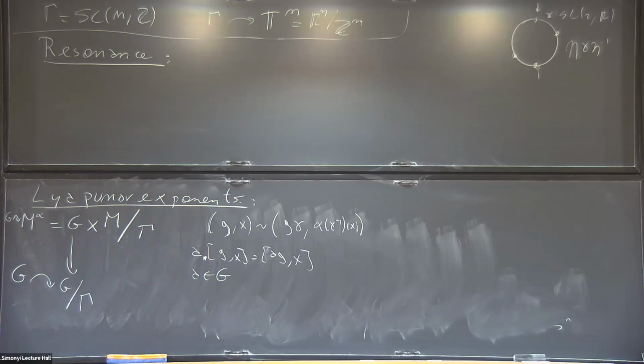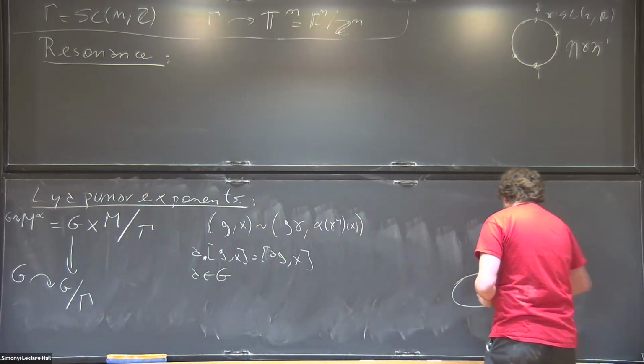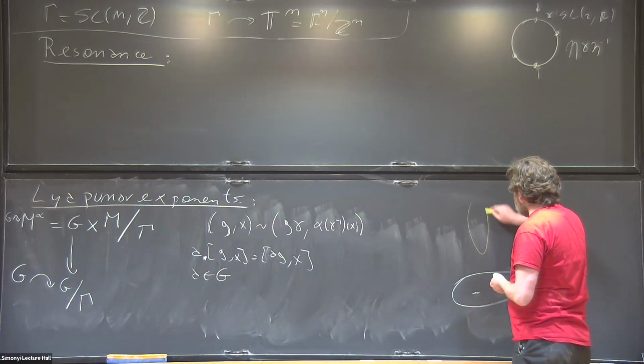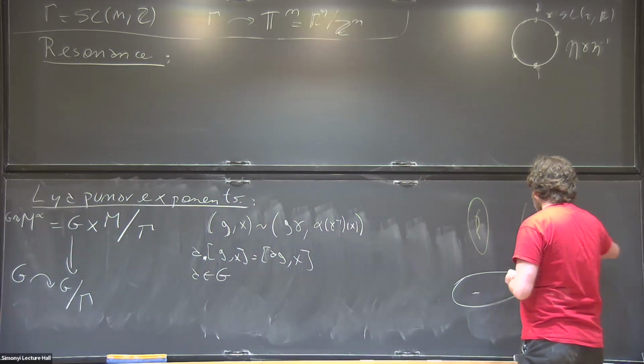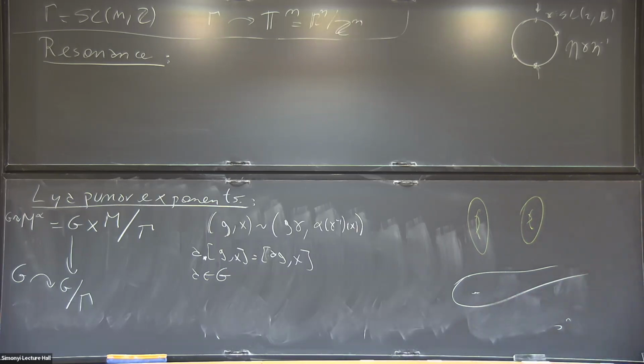Okay, so you just act now for the G action. So you have your fancy right here, and then you have your torus or whatever manifold you started with up there.